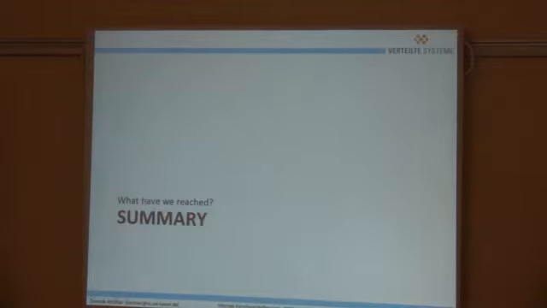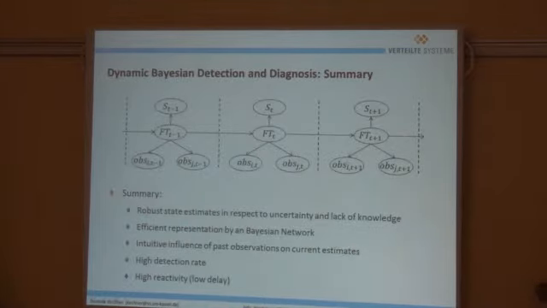Okay, what have we seen? What have we reached now? I have modeled the problem of fault detection for diagnosis with a dynamic Bayesian network. Therefore, I got some robust estimates with respect to uncertainty and the lack of knowledge which we have in our systems.